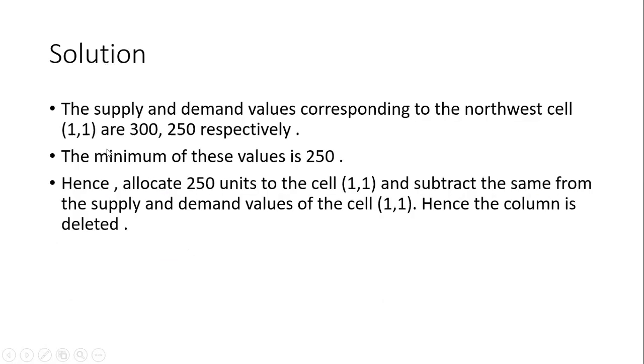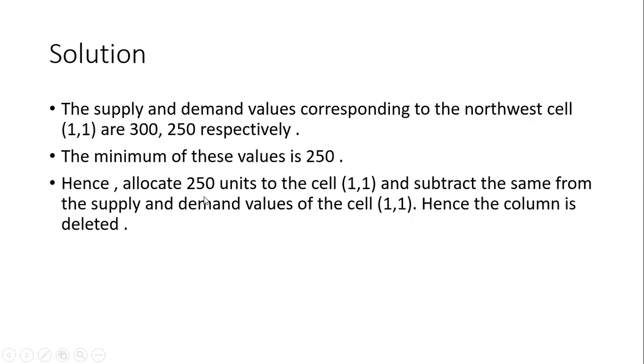Okay. So here the explanation has been given. So consider the supply and demand values corresponding to the northwest corner cell 1 comma 1, which are 300 and 250. 300 is the supply and 250 is the demand. So here the minimum value out of these two numbers is 250.